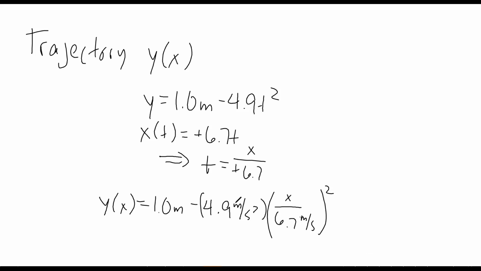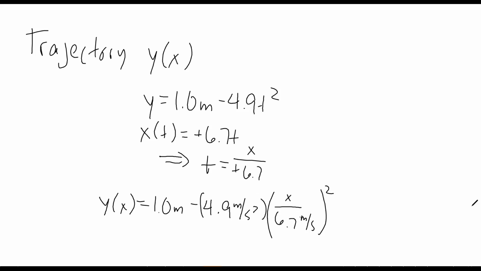The unit analysis of this whole term would be meters cubed on the top and meters squared at the bottom, because you have a meter here, so that's meters cubed. Then the second squareds cancel, but you have meters squared at the bottom.